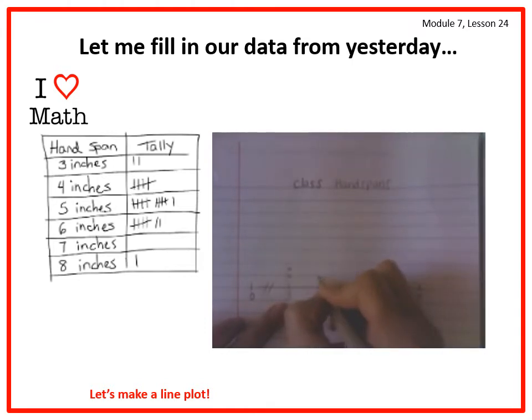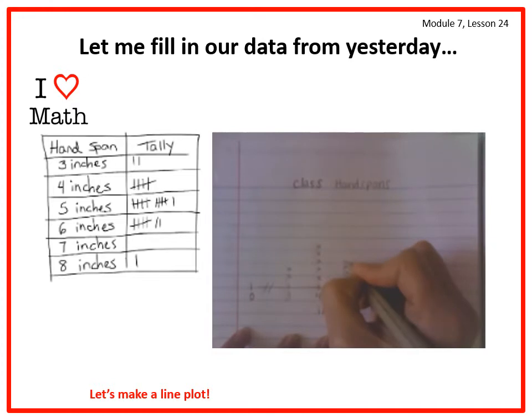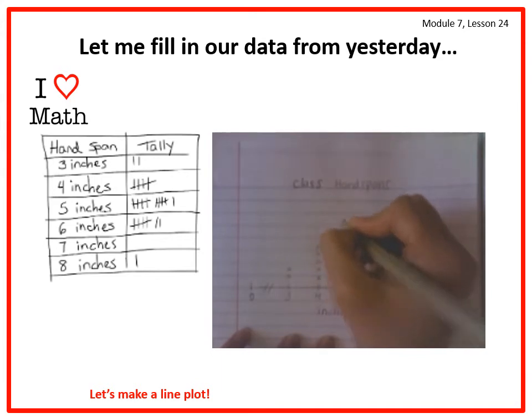So 1, 2, 3, 4, and 5. Now how many 5 inches? Ooh, for those we have 11. So 1, 2, 3, 4, 5, 6, 7, 8, 9, 10, 11.